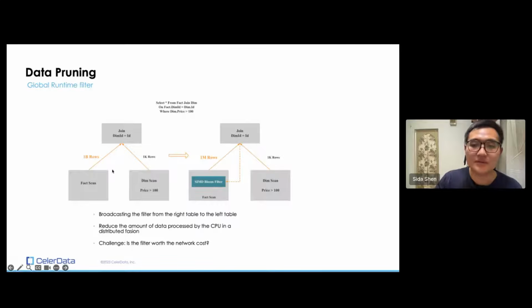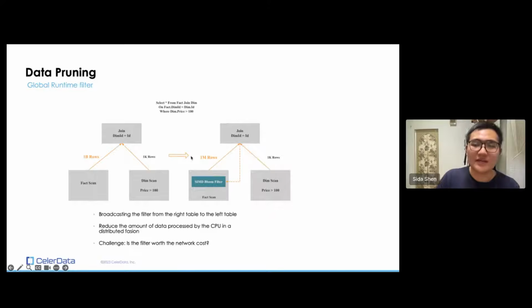And so let's say the fact table scans a billion rows, and the dimension table scans 1,000 rows, right? So what if we can send this predicate to the fact table, and it can save a lot of the data that's being scanned, right? So it can possibly go from a billion to a million.